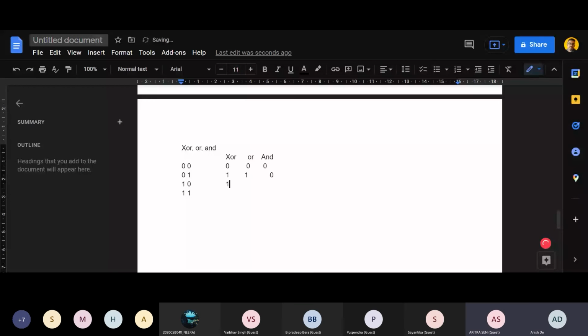This one is the same. For 1 1, XOR is 0, OR is 1, and AND is 1.